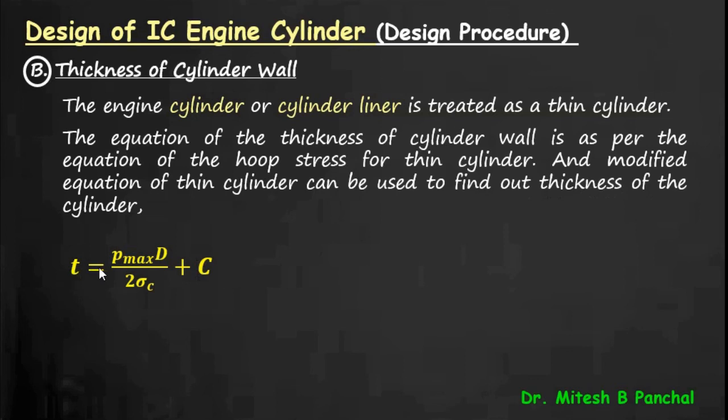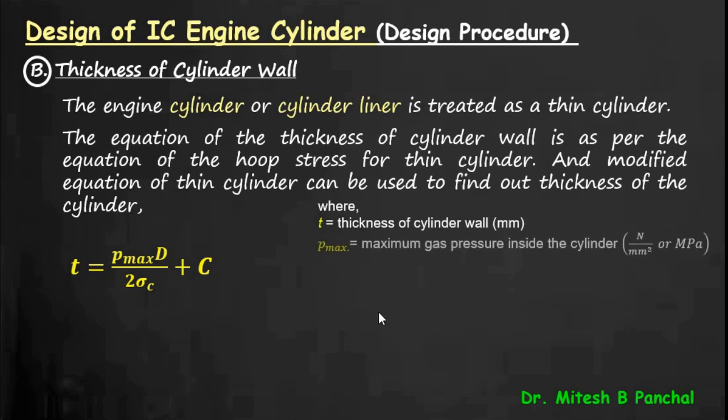And the thickness of cylinder, that is t equals Pmax times D divided by 2 sigma c, plus capital C. Where t equals thickness of cylinder wall in mm, Pmax is the maximum gas pressure inside the cylinder, in Newton per mm square or megapascal.